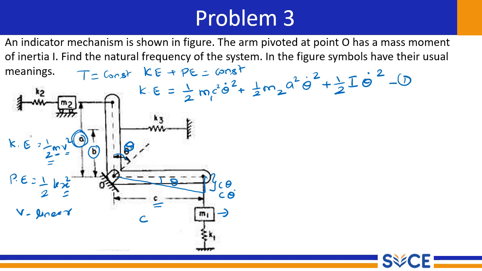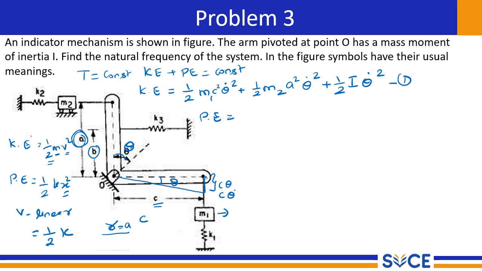Next, we have to go for potential energy. For potential energy, it is purely with respect to the springs only. We have three springs, and for each spring we have to write it. The potential energy of each spring is half into stiffness into x. Very important, x for each spring is given by its radius, here it may be a.